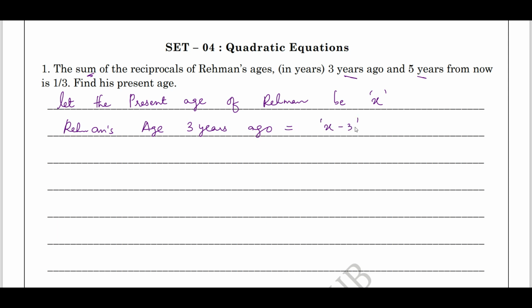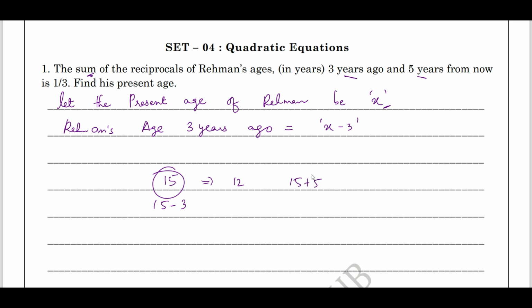How? Present age is x, 3 years ago it will be x minus 3. For example, if your present age is 15, 3 years ago your age will be 12, that is 15 minus 3. Now if your present age is 15, what is the age after 5 years? That is 15 plus 5.